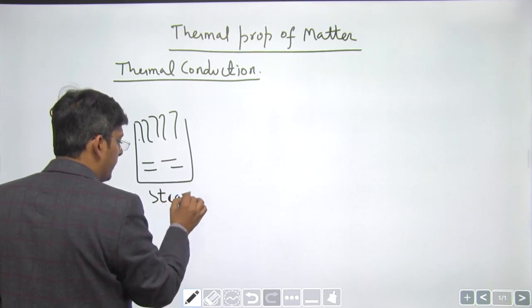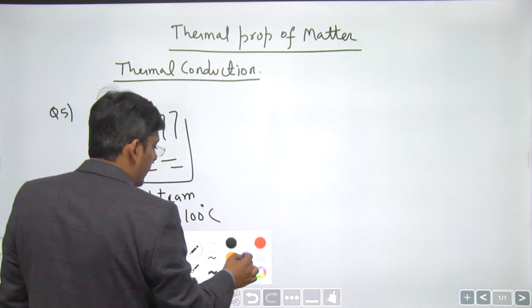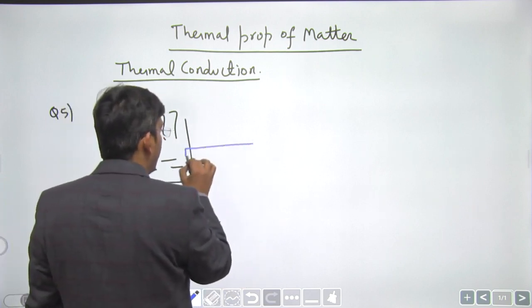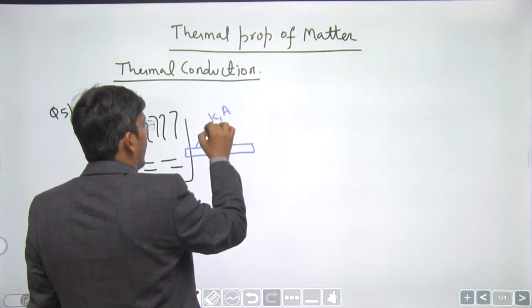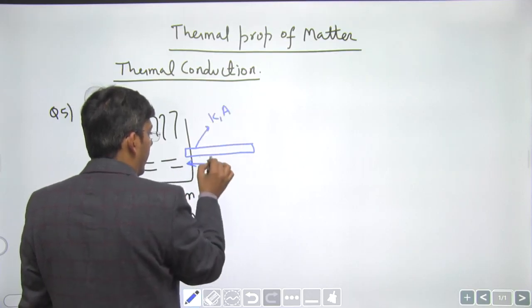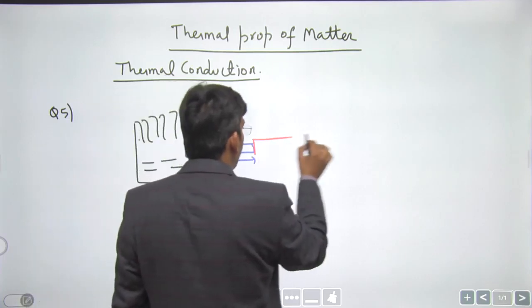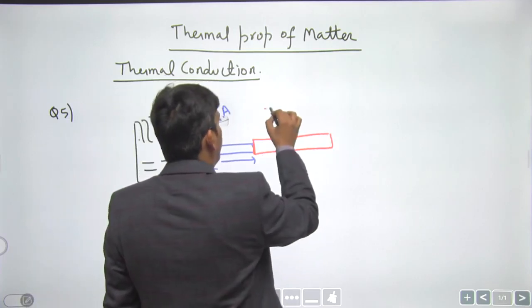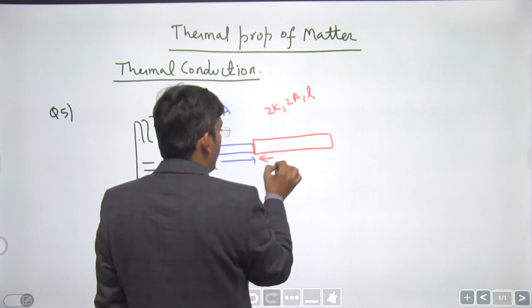And you have a conducting slab which is extracting the heat from this container, conductivity K, area A, and obviously length being L. It is attached in series with another conducting slab of conductivity 2K, area 2A, and length being L.